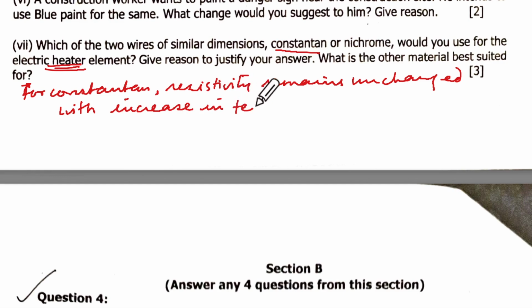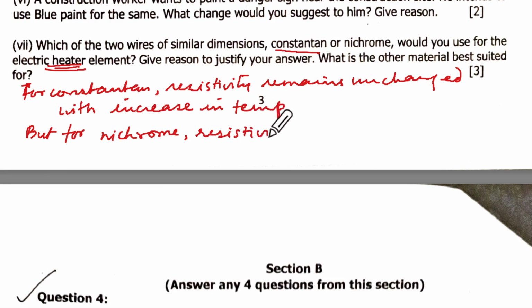See, heater means the main thing is that the temperature is going to increase, but the resistivity will remain unchanged. Okay, but for nichrome, what is happening? Tell me. The resistivity increases. See, it's written over there.